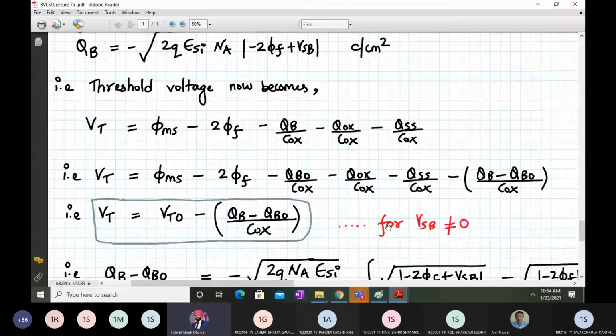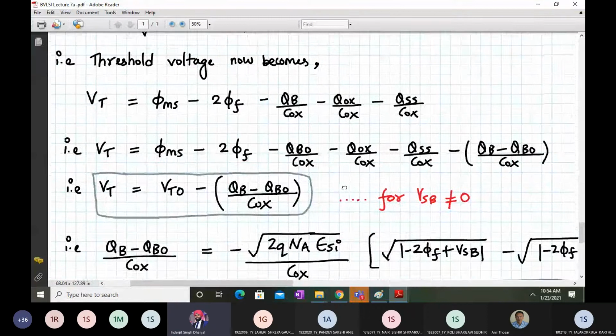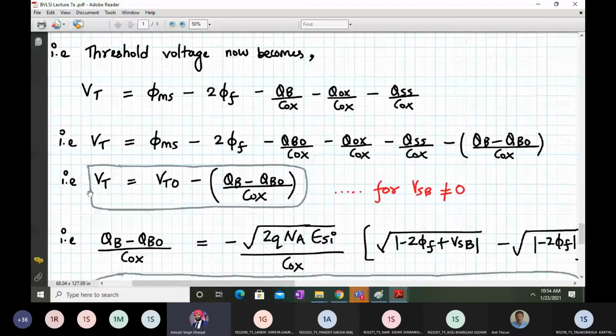So we have just added a minus QBO upon COX plus QBO upon COX, so that we write in the original formula of VTO, the previous formula. So what is VT in terms of VTO? VT will be equal to VTO minus QB minus QBO upon COX, and that is for non-zero substrate bias.